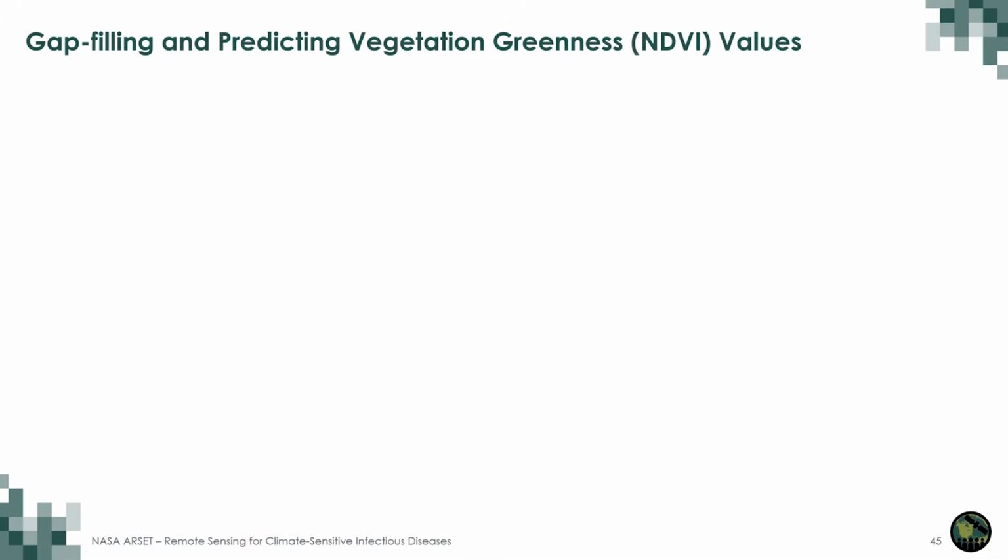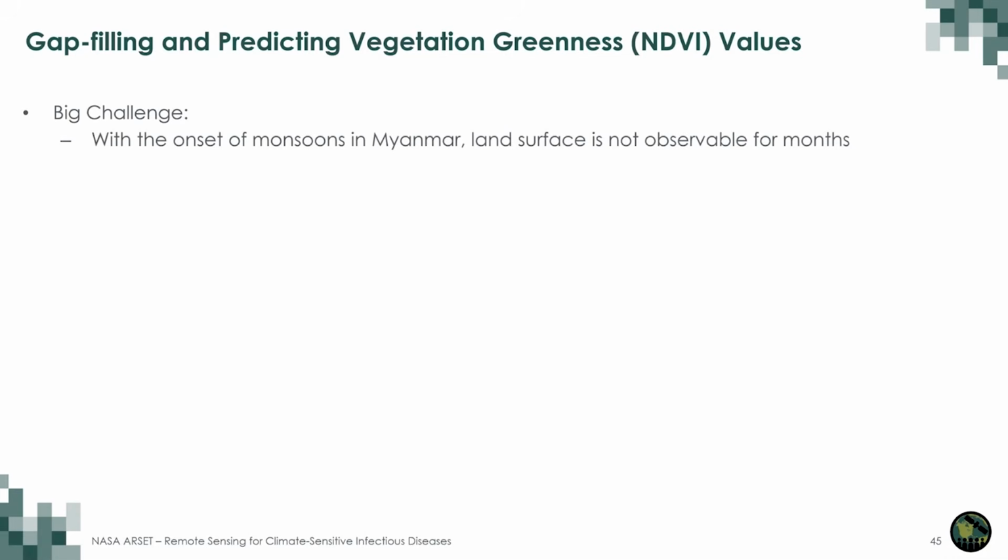With greenness, our assumptions and approach have to be somewhat different. Again, it all depends on the conceptual metric, right? The challenge is the same. When the monsoons set in Myanmar, land surface is no longer observable for months.